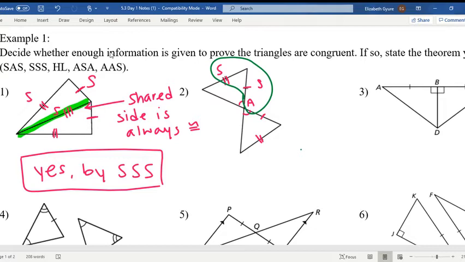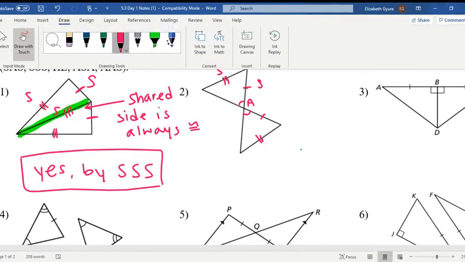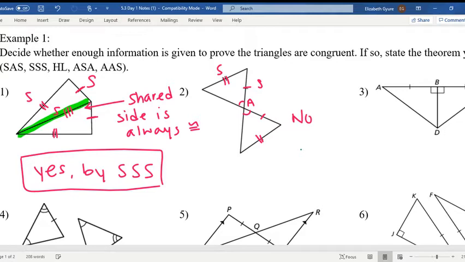I would say no. This does not work. So this is just a no. There is no angle side side theorem. It's not a thing. That angle is not in the correct spot. So we are going to say no, not congruent. That angle was not in the right spot for it to be side angle side.